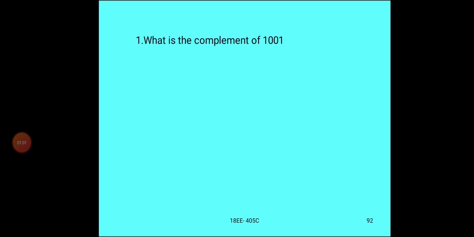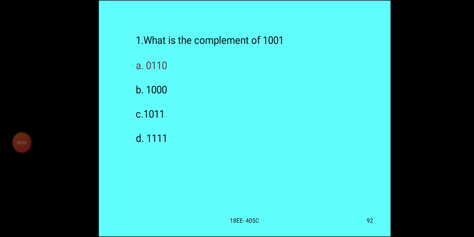Quiz. What is the 1's complement of 1001? A. 0110. B. 1000. C. 1011. D. 1111. So 1 is complemented as 0, 0 is complemented as 1, 0 as 1, and 1 as 0.